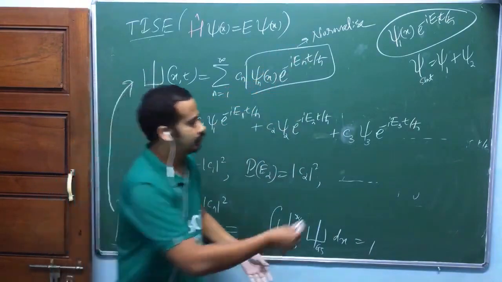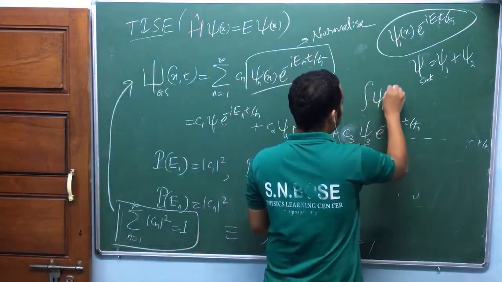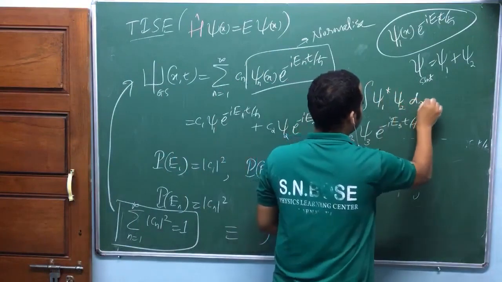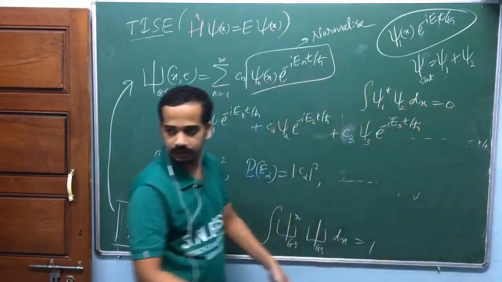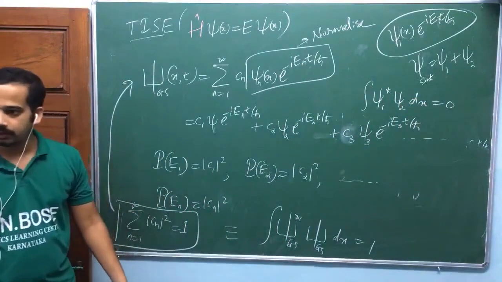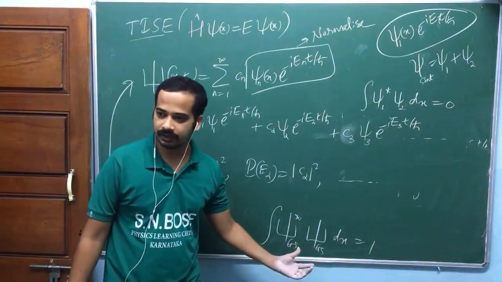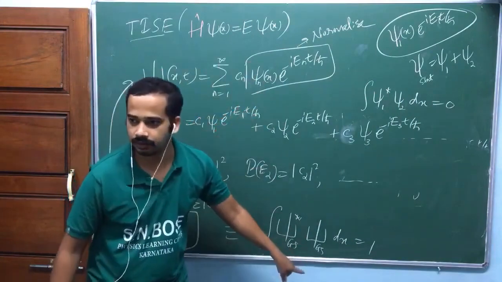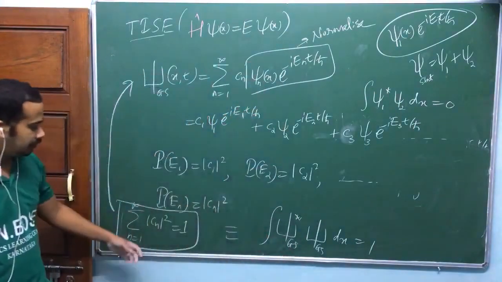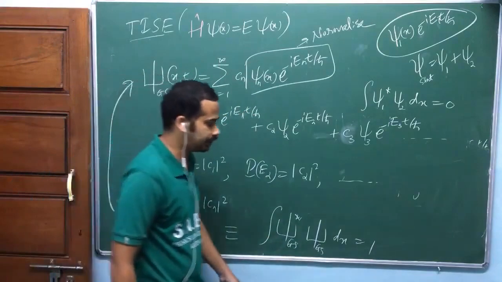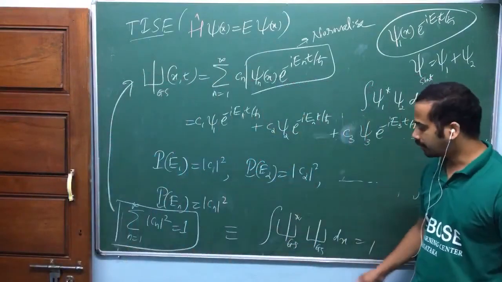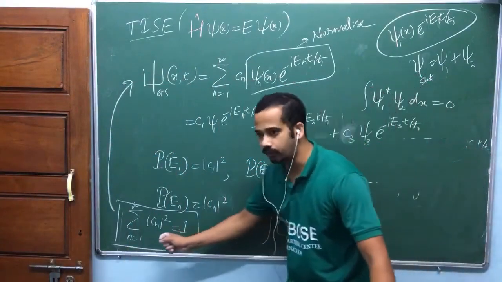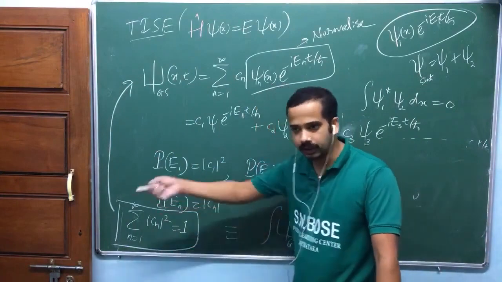One more relation: the integral of psi1 star into psi2 dx is equal to 0. You will understand this in the next topic. So all cross terms will vanish when you multiply this one with this one again, isn't it? That's what you are thinking. All cross terms will vanish. But both are equivalent. Sometimes you need to go for this one, sometimes you need to go for this way of normalization. I'll tell you when.